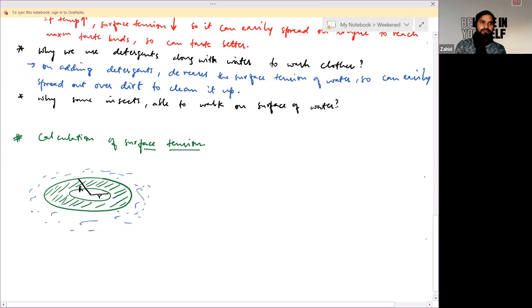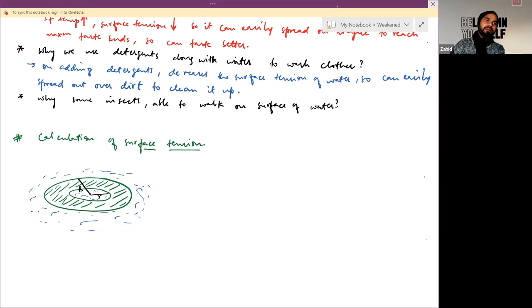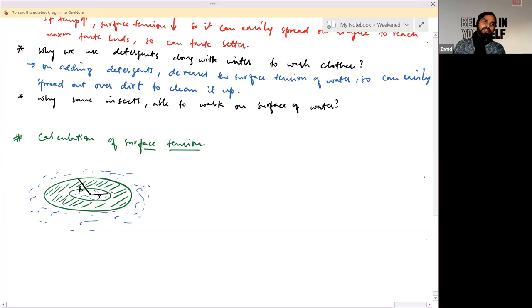So if you have to raise this disk from the surface of the liquid, you must apply first a force equal to the weight of this object, and second, an extra amount of force to overcome the interaction of the liquid with its surface.